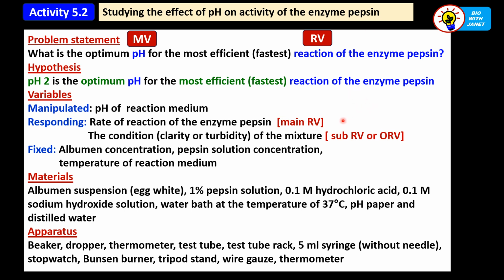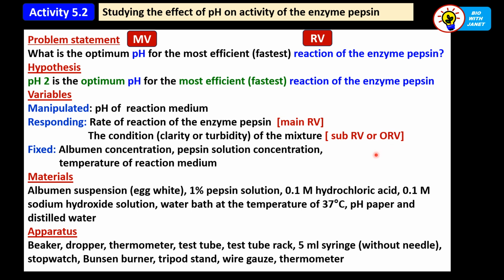But in order to measure the rate of reaction of the enzyme pepsin, we have to observe the condition, which is the clarity or turbidity of the mixture of albumin and pepsin, at 0 minutes and after 20 minutes. So this becomes your sub RV or your operational RV, which you detect or observe in the experiment.